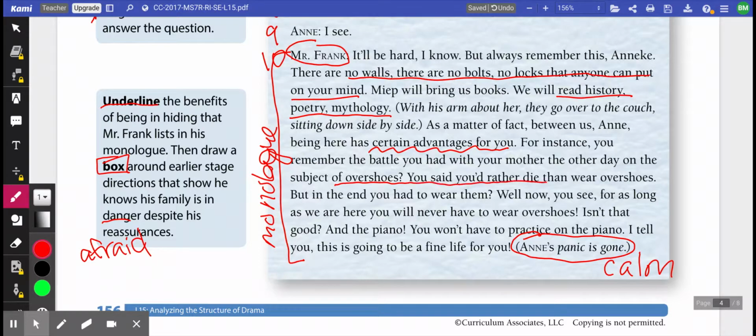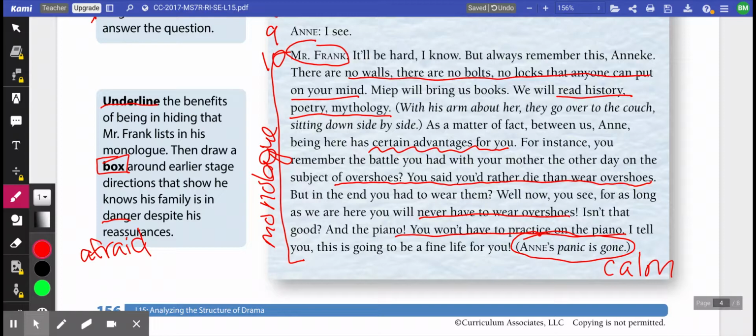Overshoes are kind of like galoshes that she doesn't like wearing over her shoes, and she won't have to do that anymore. And also, obviously, she doesn't like playing the piano, so she won't have to practice on the piano anymore. So those are all things that he's giving her to remind her that being in hiding isn't quite so bad.